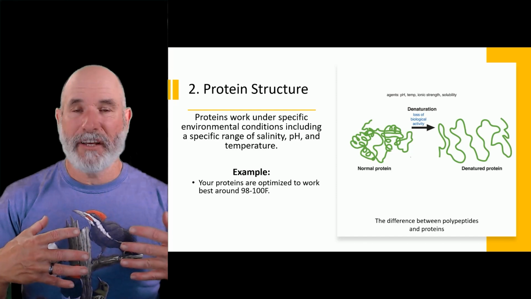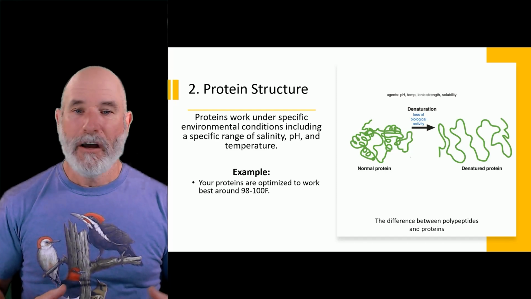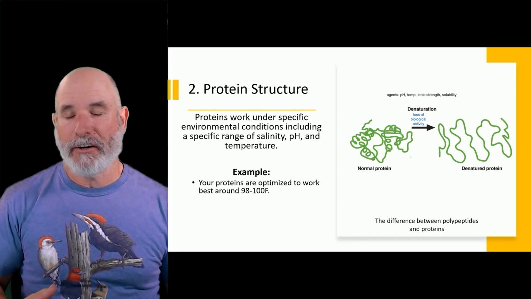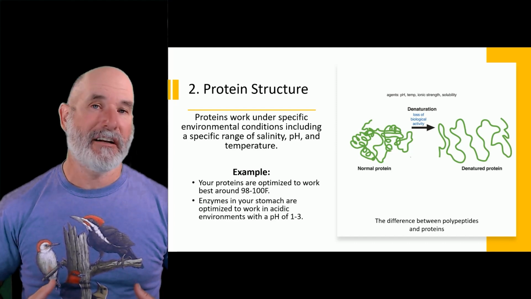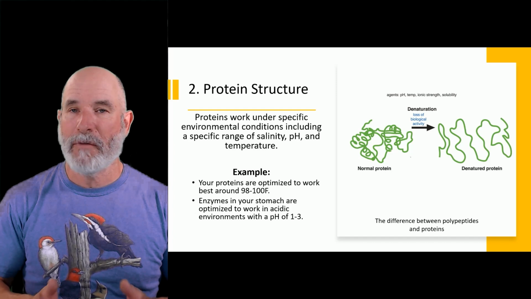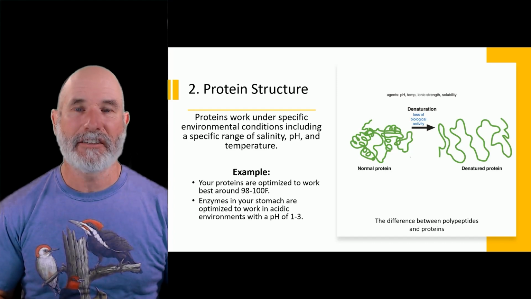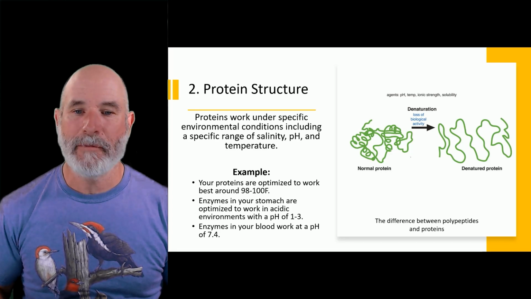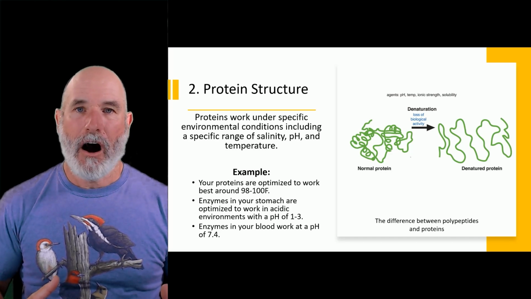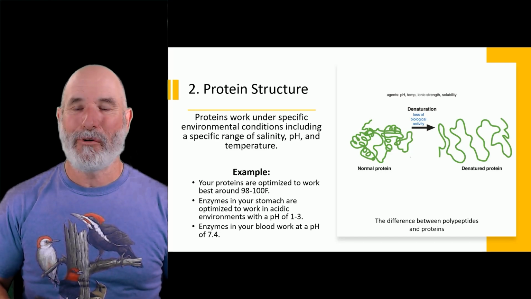So the proteins inside of a mammal like yourself, they work best around 98 to 100 degrees, maybe 100, 102. Enzymes inside of our stomach are very much optimized toward the acidic conditions inside of our stomach. And enzymes in our blood are optimized at about 7.4 pH.